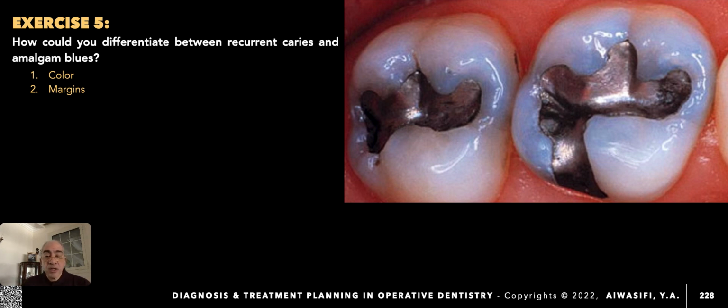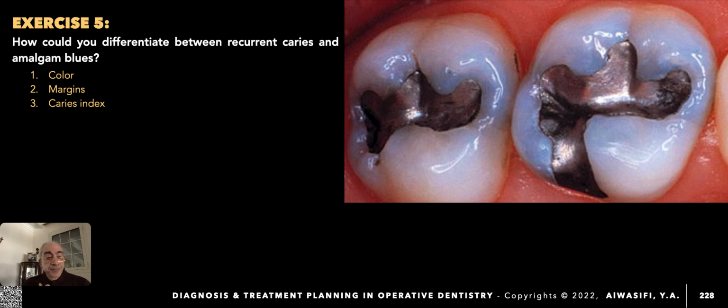Then comes the caries index and the caries risk assessment for the patient, which indicates or prefers one of them rather than the other. If the caries index is high and the oral hygiene is bad, which is not the condition in our case here, then most probably it will be a recurrent caries.